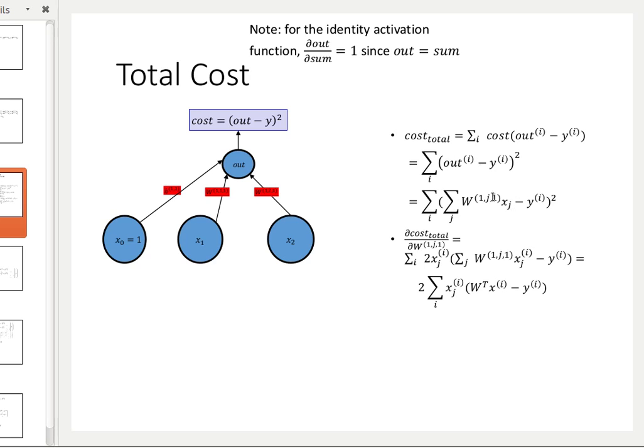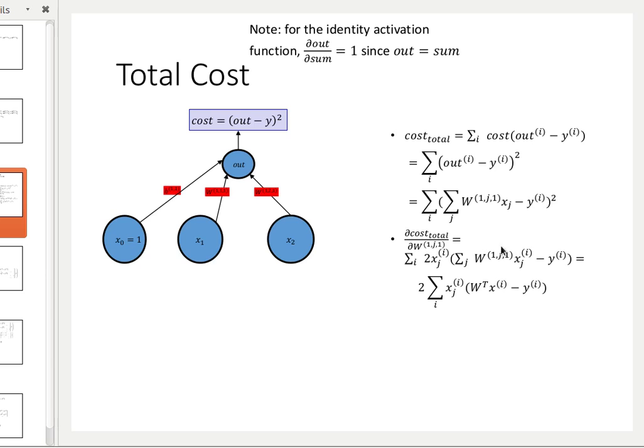This is xji. There is a missing index i here. So, okay, if we want to take the derivative of this expression with respect to wj, what do we get? Well, this 2 travels over here, and then we use the chain rule and say, well, we're taking the derivative with respect to wj, so the derivative of this function with respect to wj is just going to be xj, because the rest of the x's don't influence anything because they multiply other w's, not this wj.